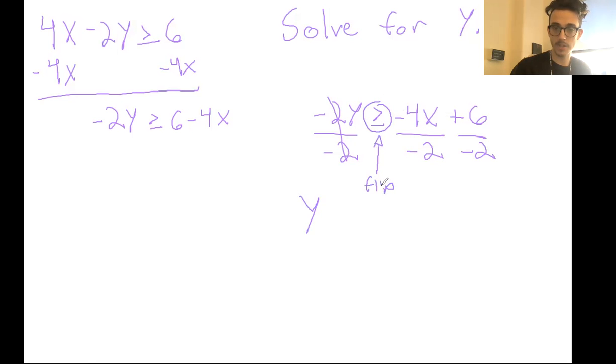So flip that direction. It's opening originally towards the left. Now it's opening towards the right. -4 divided by -2 is just 2x. +6 divided by -2 is going to deduct 3. This is now the inequality that you should have written in this setup here.